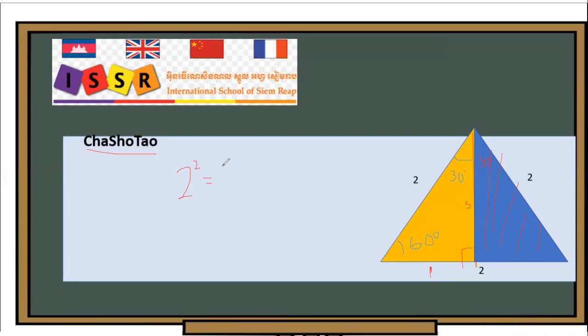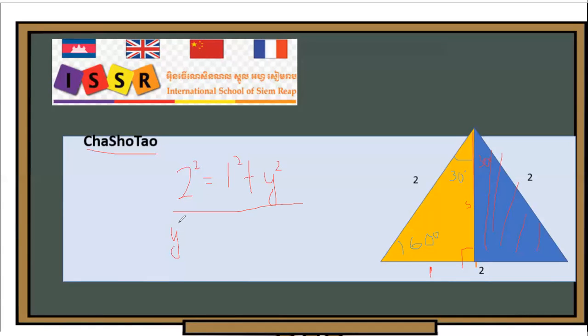So I'm going to have 1 squared plus the unknown side squared. What should I call it? Let me say y squared. This side, we don't know how many units it is, but from the Pythagoras theorem we can put the like terms on their own.